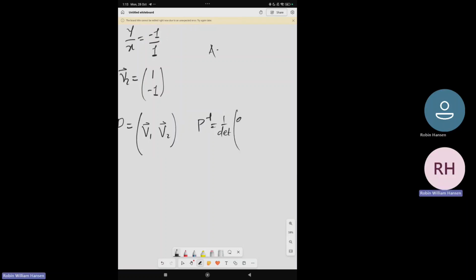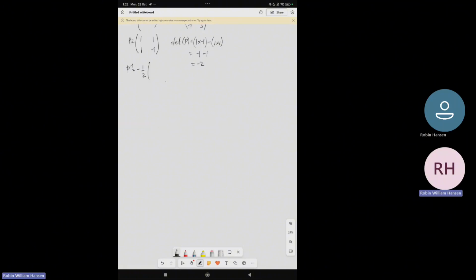If we have A, B, C, D, the inverse of A is 1 over the determinant times D, minus B, minus C, A. So that's what we're actually going to use. So we'll have minus 1, minus 1, minus 1, and 1.